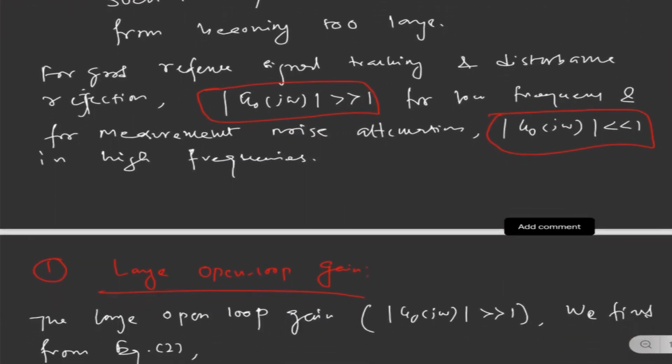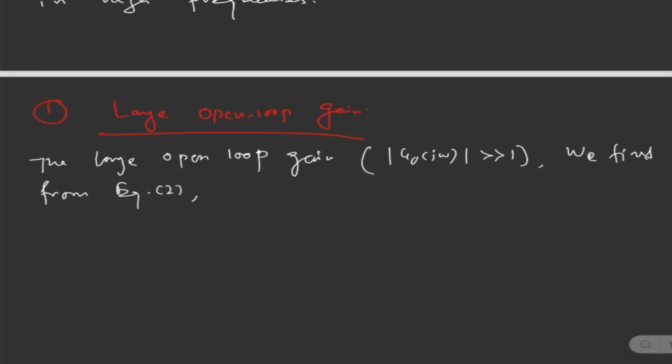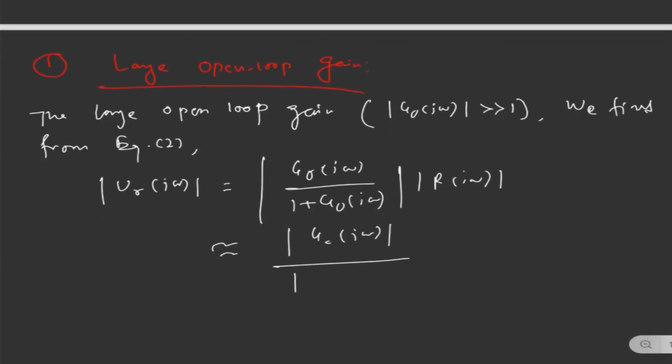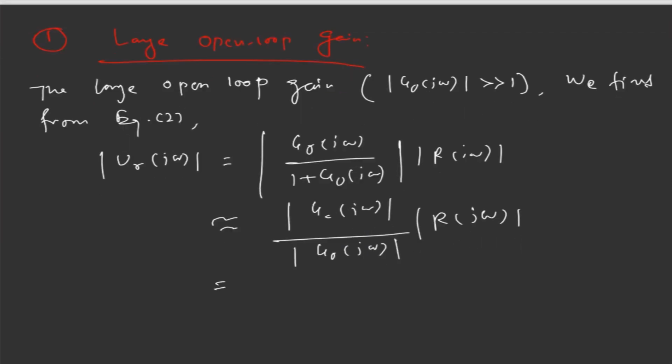So we can write the control effort U(j omega) equal to G_C(j omega) over 1 plus G naught(j omega) times R(j omega), which is equivalent to G_C(j omega) and G naught(j omega) times R(j omega), or you can write 1 over G_P(j omega) times R(j omega).